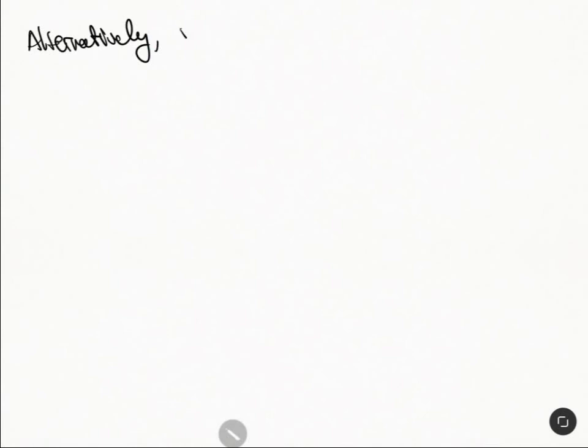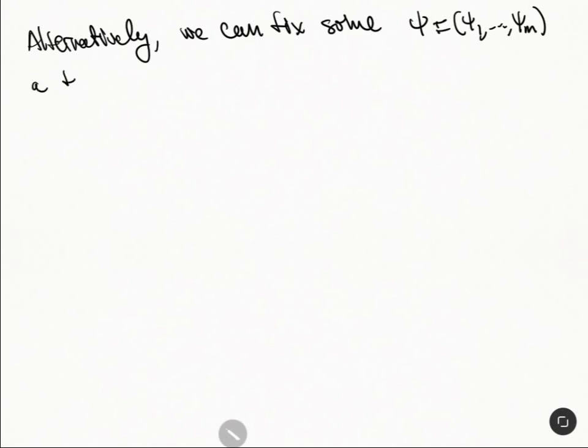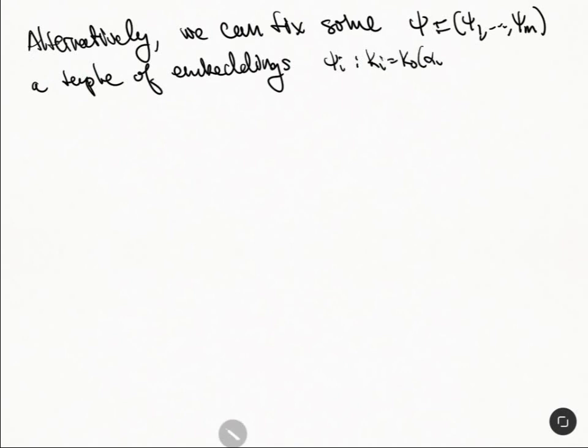Okay, alternatively, we can fix embeddings, right? Some psi, so psi is equal to psi 1 up to psi m. But we'll usually fix the first one to be the identity, or we can fix any of them to be the identity. In the proofs, we'll fix the first one to be the identity, because without loss of generality, we can do the proof with the first component, and then it works for all the other ones. So alternatively, we fix a tuple of embeddings psi i from Ki, which is K0 of alpha i, a single alpha, to K0 bar.